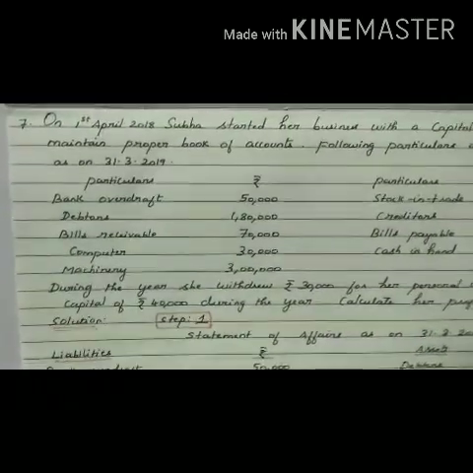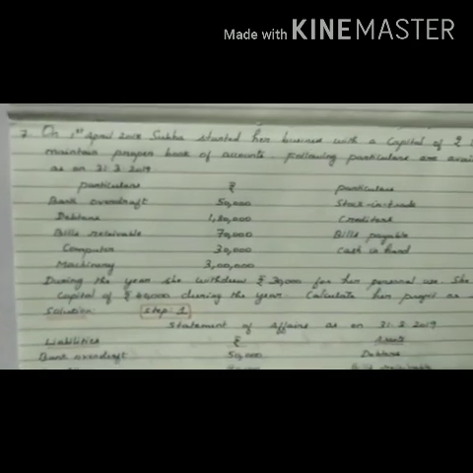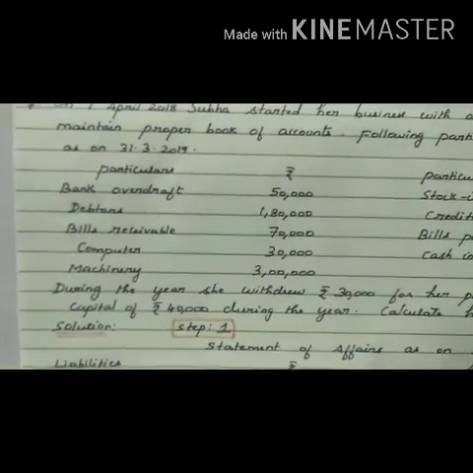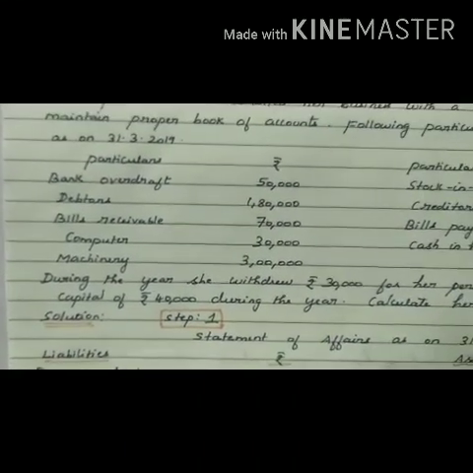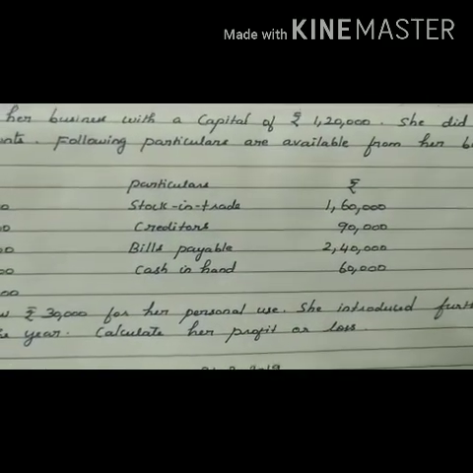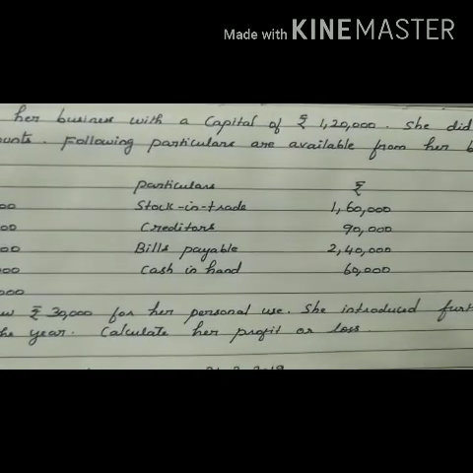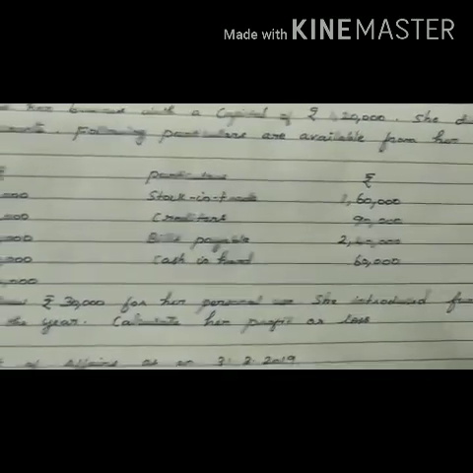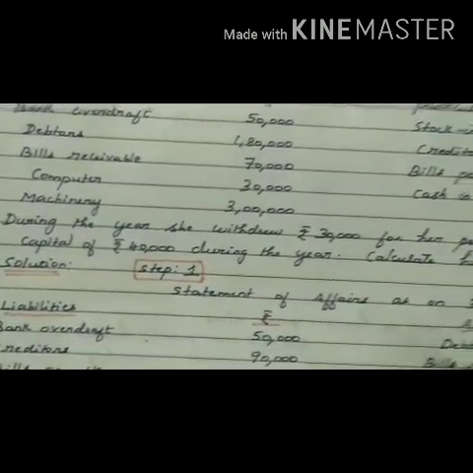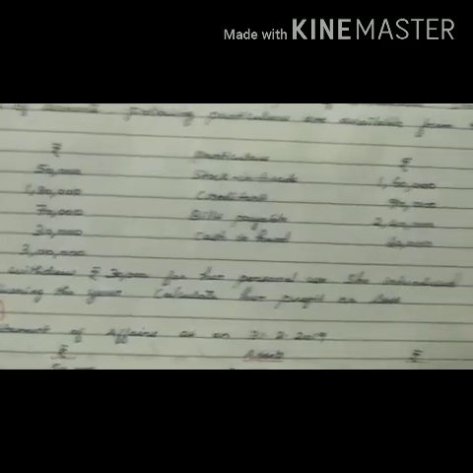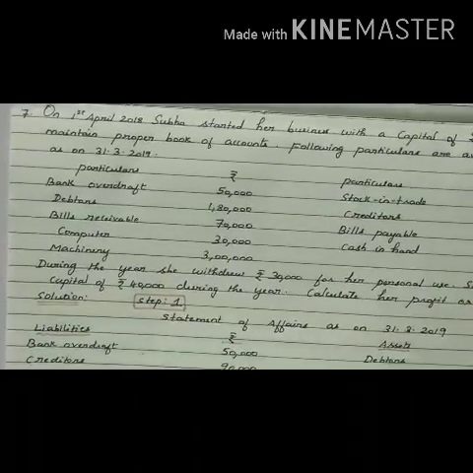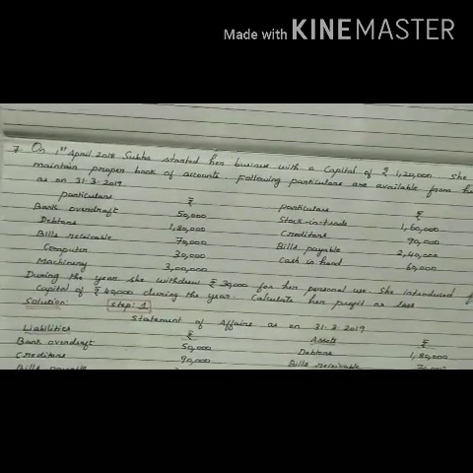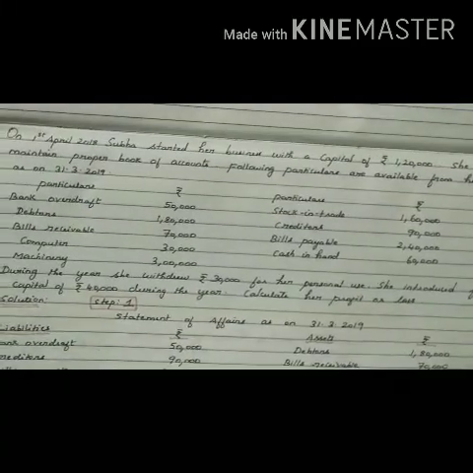So given some liabilities and assets: bank overdraft 50,000, debtors 1 lakh 80,000, bills receivable 70,000, computer 30,000, machinery 3 lakhs, stock in trade 1 lakh 60,000, creditors 90,000, bills payable 2 lakh 40,000, cash in hand 60,000. During the year, she withdrew 30,000 for her personal use. She introduced further capital of rupees 40,000 during the year. Calculate her profit or loss.